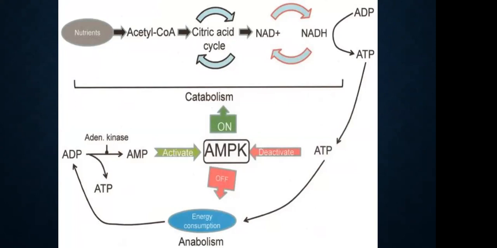And increased ATP then deactivates the AMPK, which slows down the energy consumption, which will lead towards more of an anabolic process where we are building tissue up.